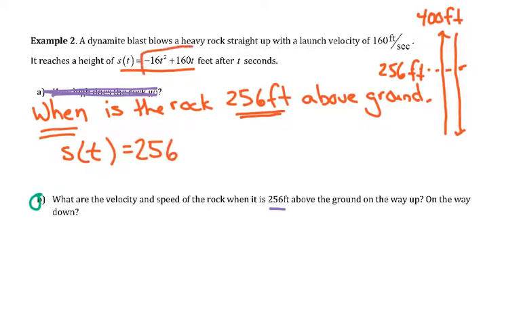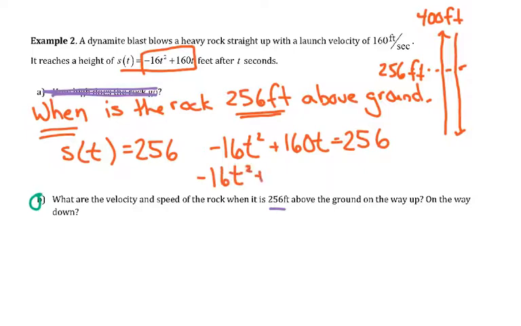So take this function and set it equal to 256. All right. This is a quadratic, so I need to get 0 on one side and hope that I can factor it. And what I'm going to do is factor out this negative 16 and see how this looks.